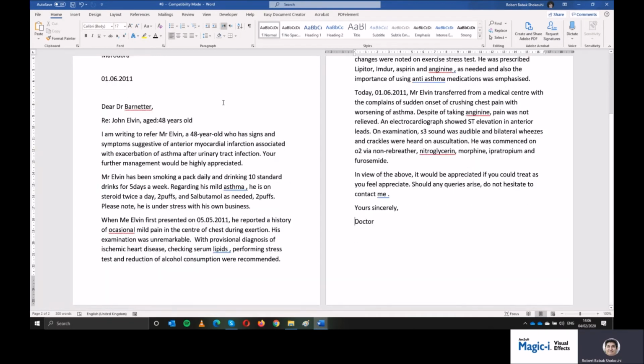Dear Dr. Barnetta, I'm writing to refer Mr. Elvin, a 48-year-old gentleman, who has signs and symptoms suggestive of possible anterior MI.